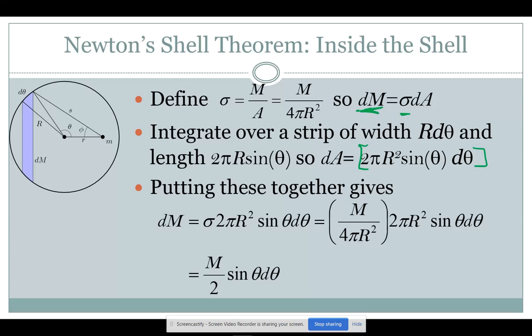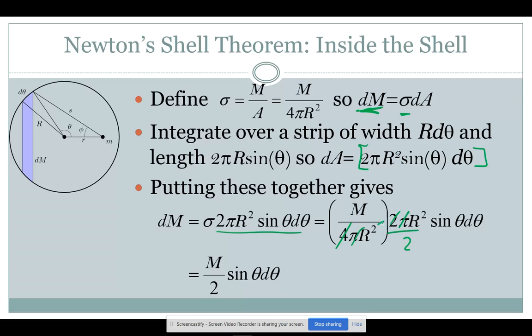So if I put that all together, here's the dA that we just did on the previous page. And so dm is sigma times dA. So there's the sigma and then the dA. Or this big thing here, m over 4 pi r squared is sigma times 2 pi r squared sine theta d theta. But notice, 4 and 2 gives me 1/2.